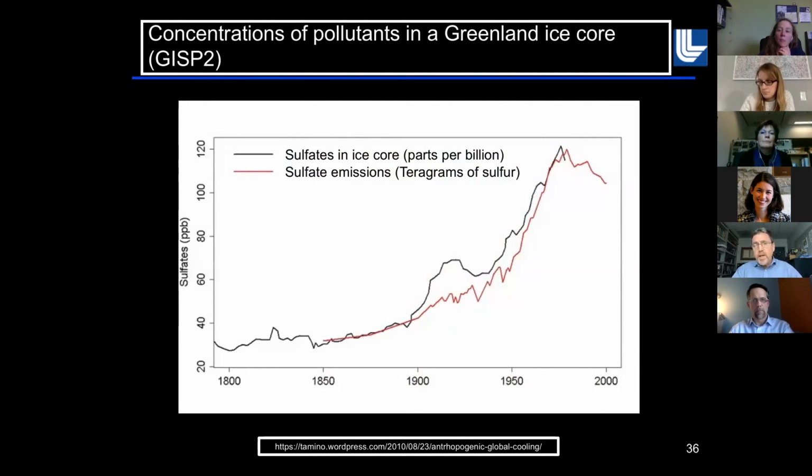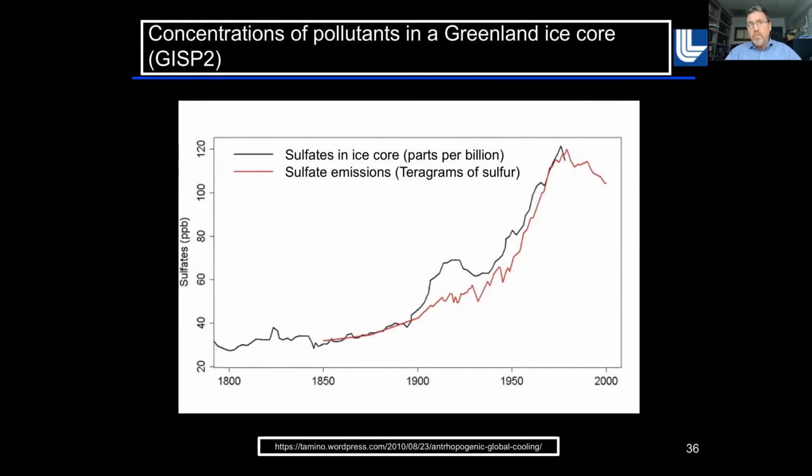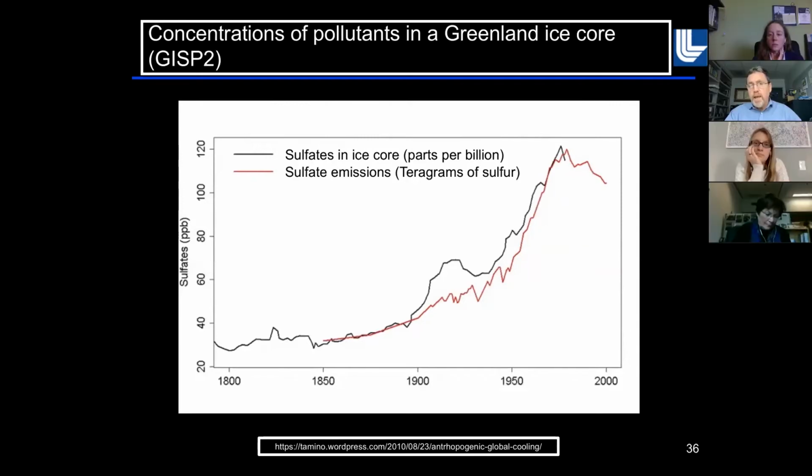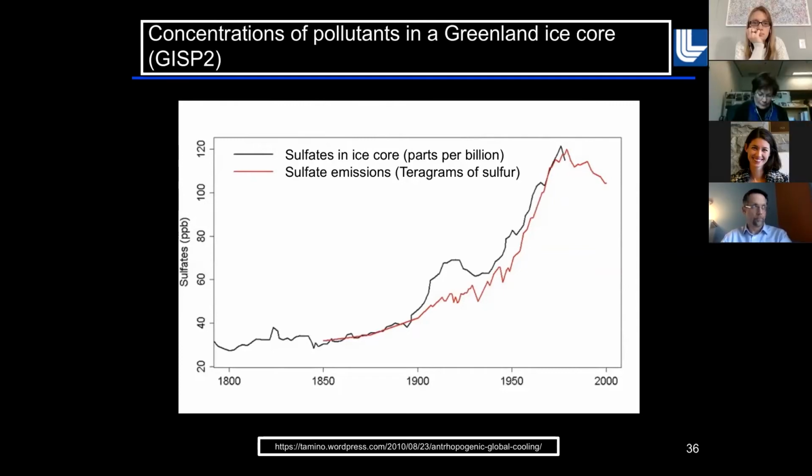Again, we can look at ice core records. This is a very simple graph, but I kind of like it, from the Greenland ice core, GISP-2, and the black line shows an estimate of human-produced sulfate particulate pollution in that ice core, and the red line shows human-caused emissions from industrial sources of sulfate.